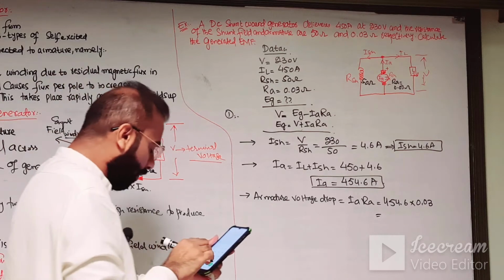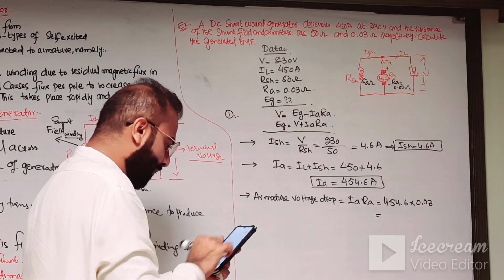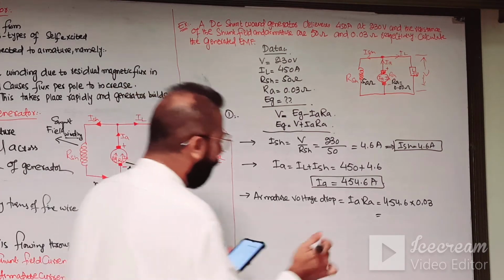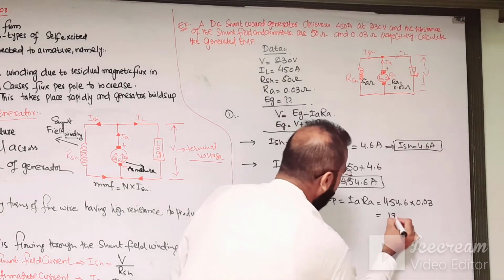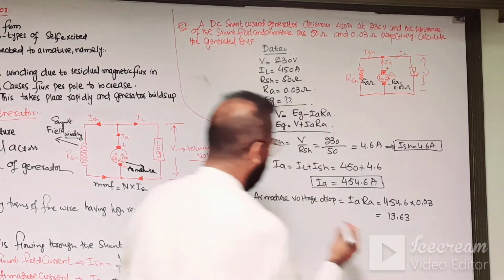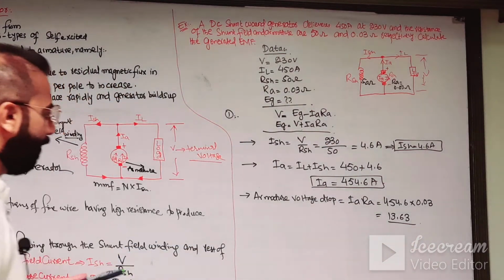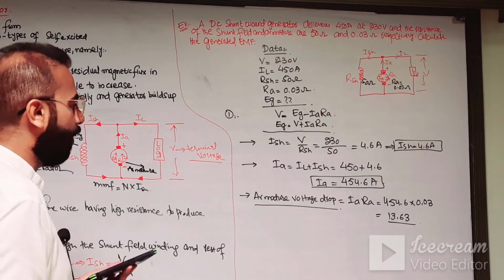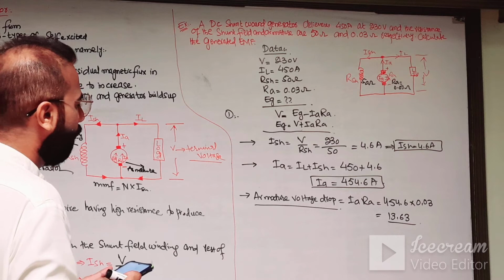So 454.6 multiplied by 0.03 will be 13.63. So this is the armature voltage drop.